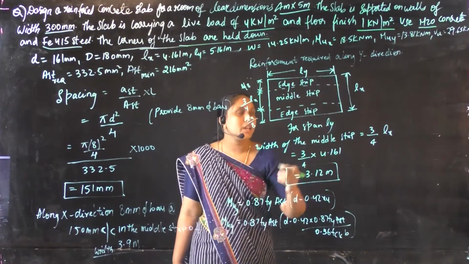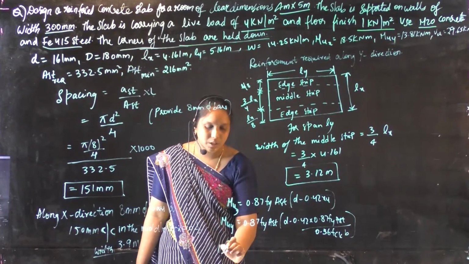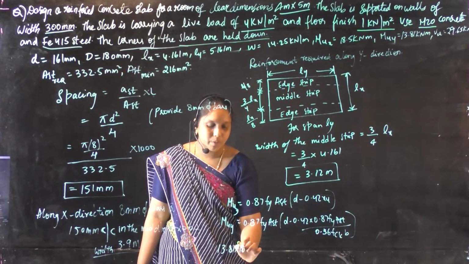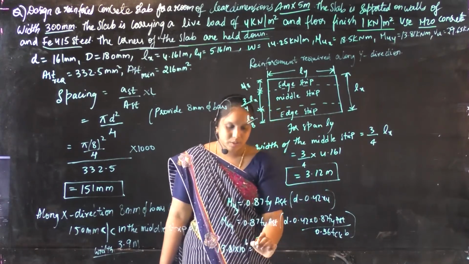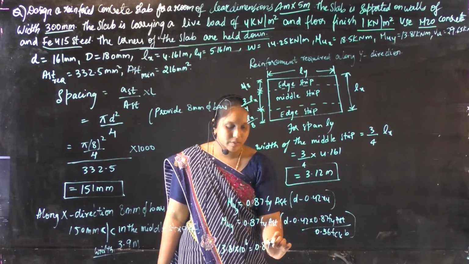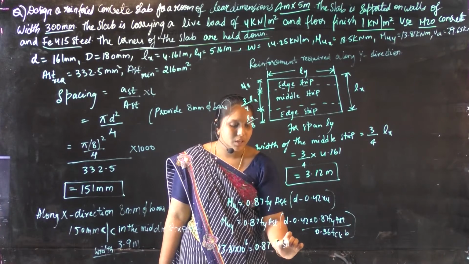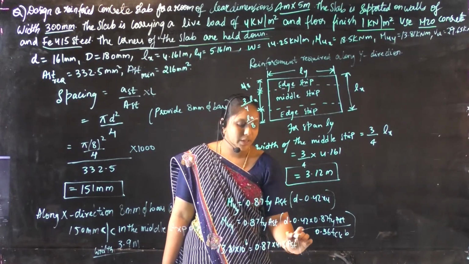We have previously calculated it as 13.81 kilonewton meter. I am converting it into Newton mm. So into 10 to the power of 6 is equal to 0.87 into Fy is 415 into AST into D.